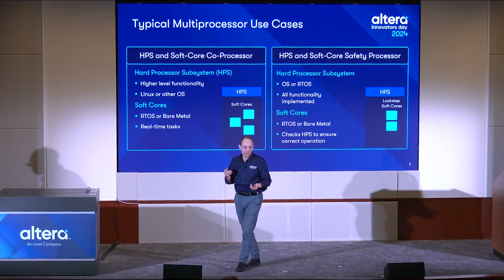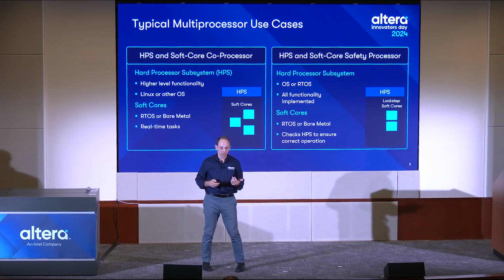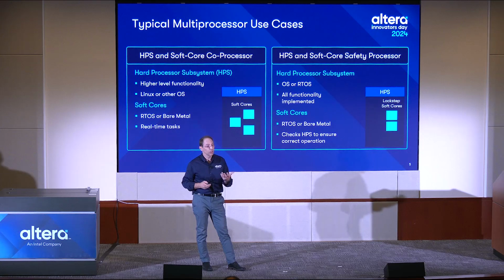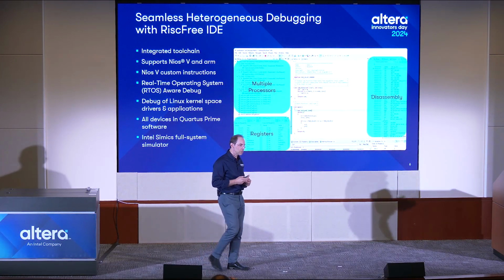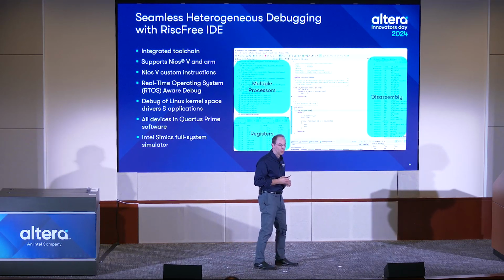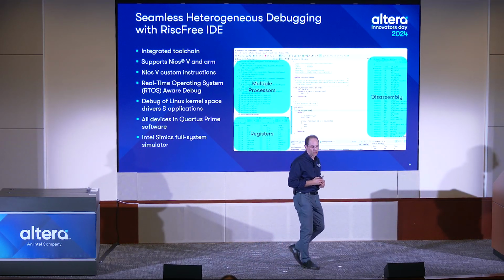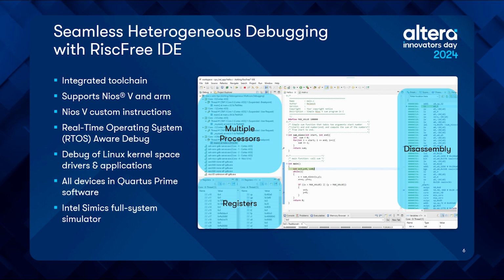So now that we've looked at the challenges and the importance of having debug tools, let's look into the solution that we have to offer you. As I said earlier, we've been partnering with Ashling for a number of years now to provide you a risk-free solution. It has an integrated tool chain of compilers, debuggers, and project management.